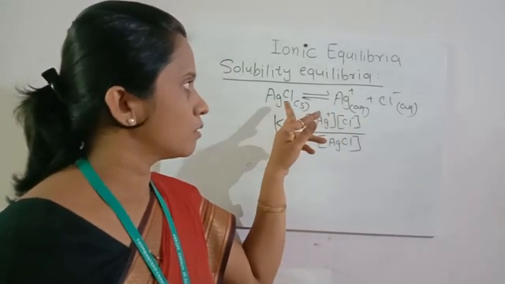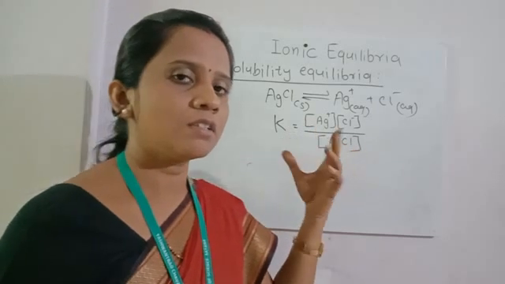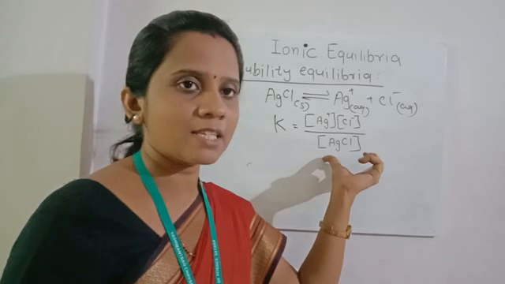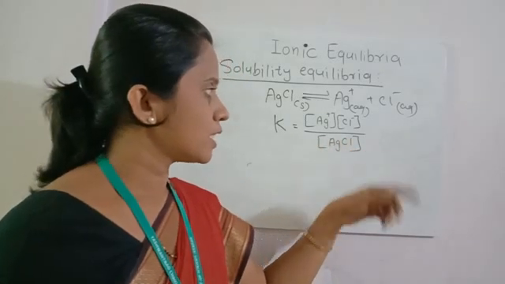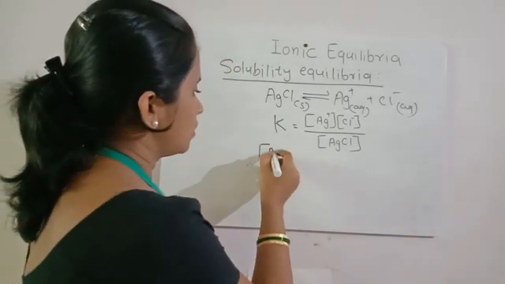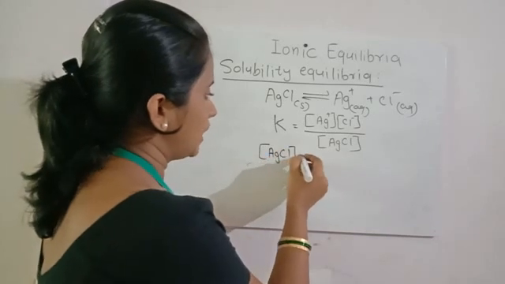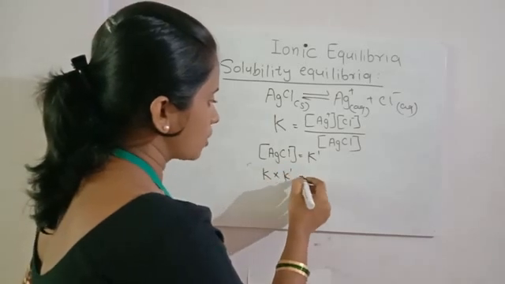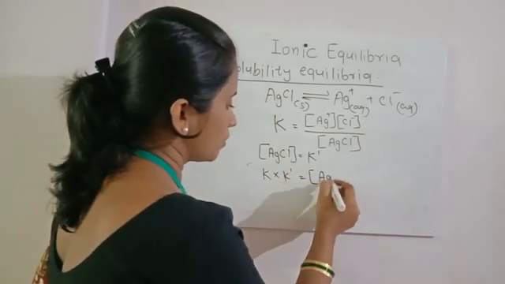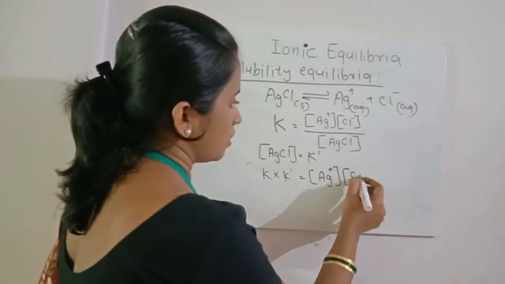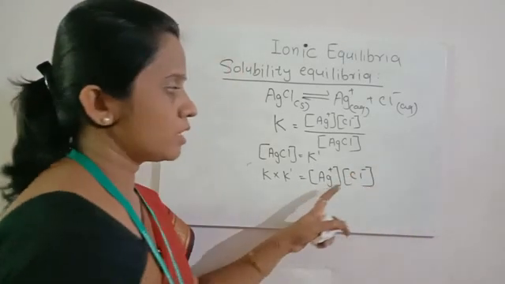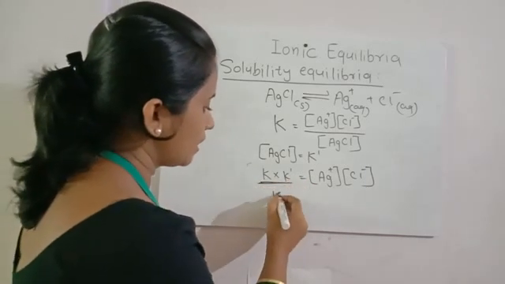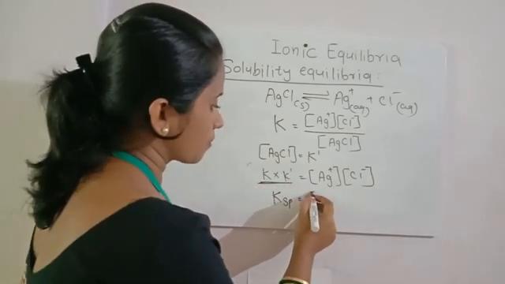In water, most of the AgCl remains undissociated. So this concentration we can take as constant. So AgCl is equal to K dash. So the equation will be K into K dash, which is equal to concentration of Ag plus into Cl minus. So for this constant we can take Ksp.